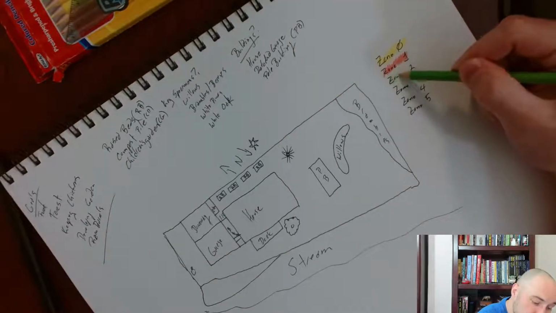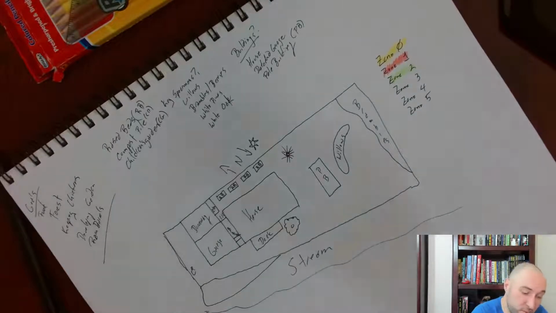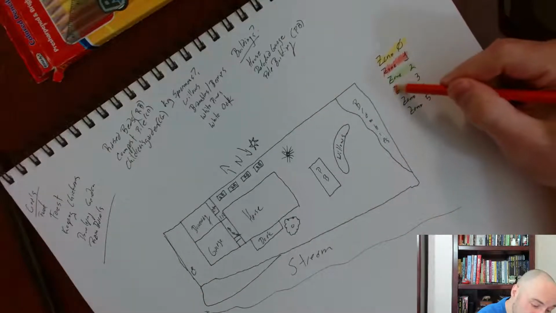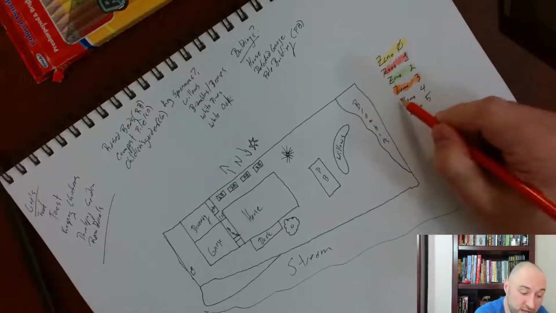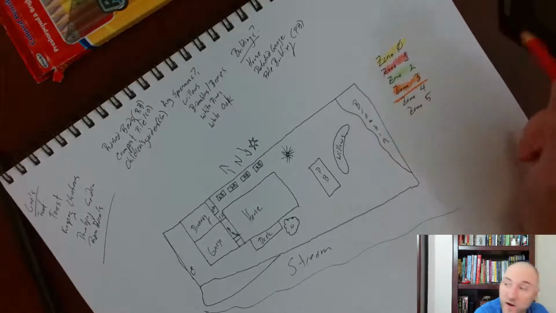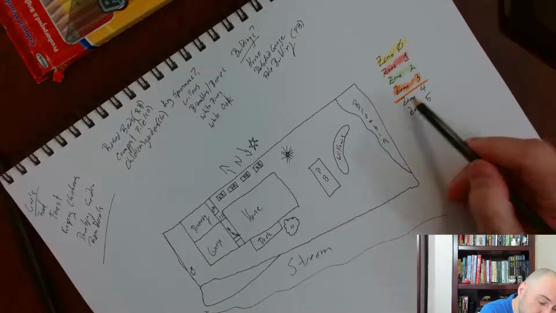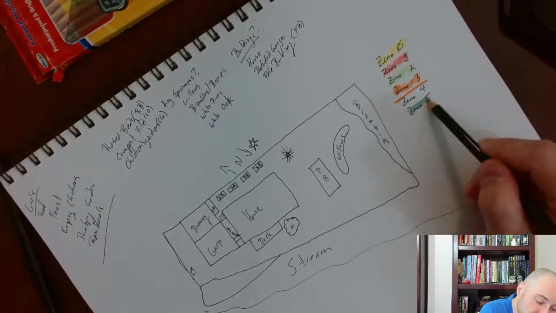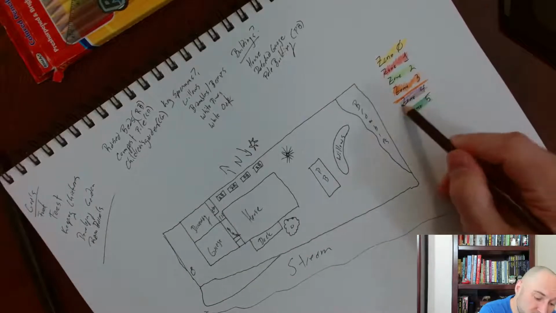Now, one of the things about it that I'll show here in a moment is that this property actually does not have all the zones available to it. So for them, this is kind of where our zone map for this property would end. But then we can theorize a little about how we might work on this otherwise.